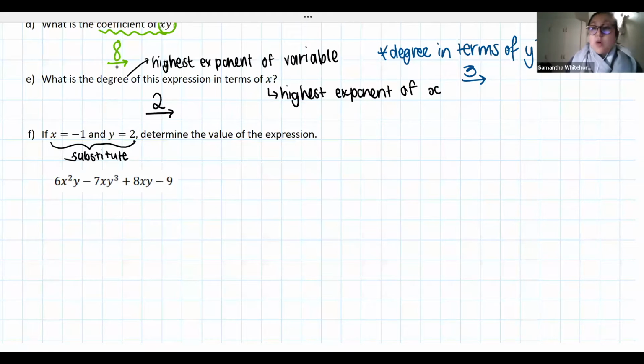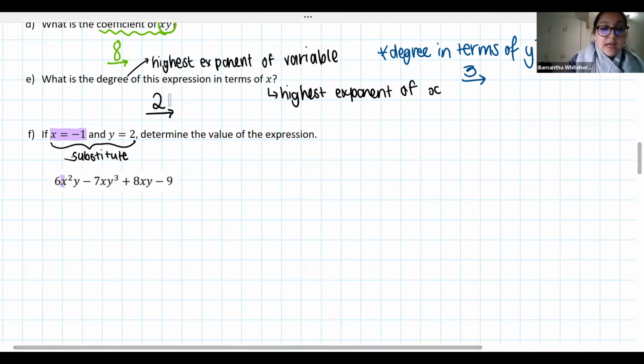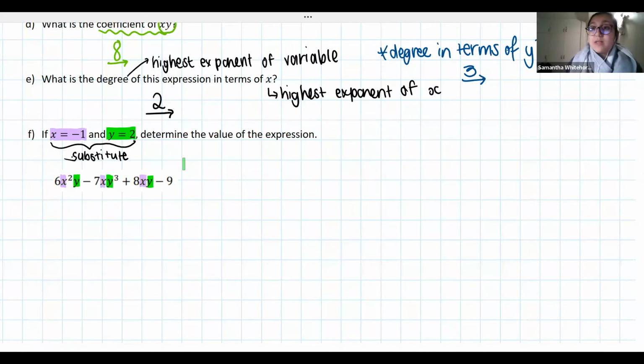This means that you are replacing all x's with -1 and all y's with 2. So every time we see an x, we substitute a -1. Every time I see a y, I'm going to replace it with a 2. Okay, so I want you to give it a try.